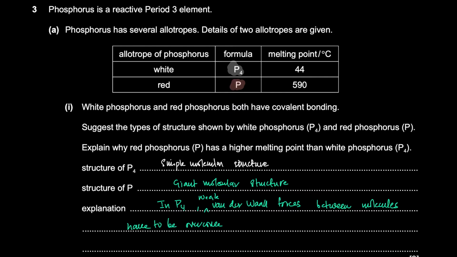Whereas in red phosphorus, which is a giant covalent structure, right, strong covalent bonds have to be broken, okay, in order to melt it. So a lot more energy is needed.